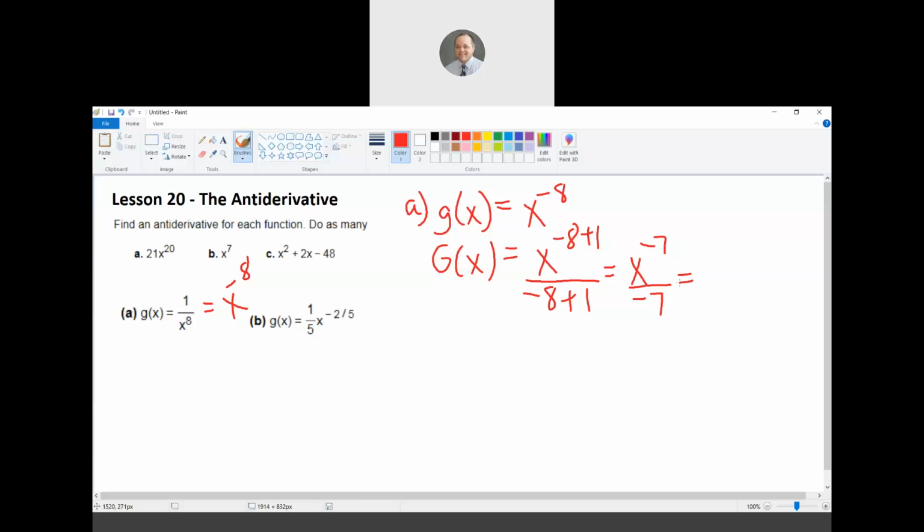So this will become negative 1 over 7x to the 7th power. And don't forget your plus c. And that is your antiderivative. Or you could also call it your original function.